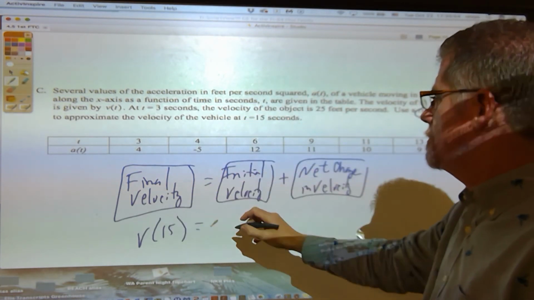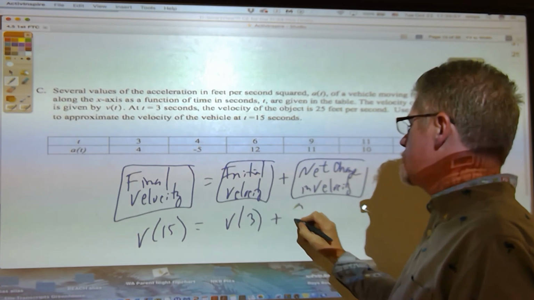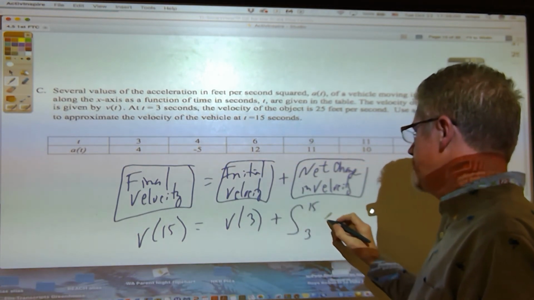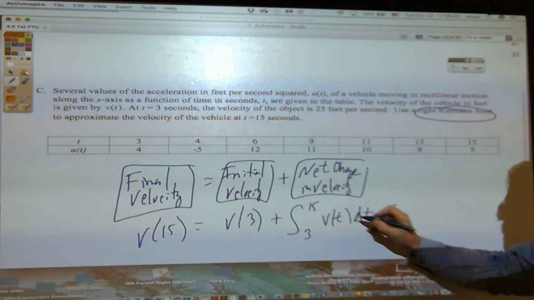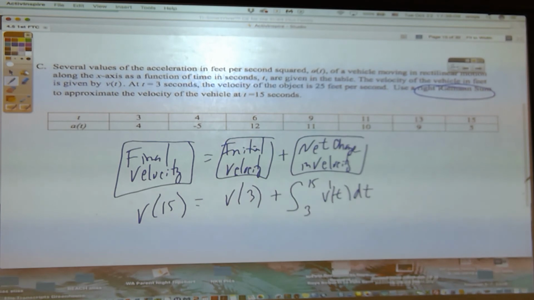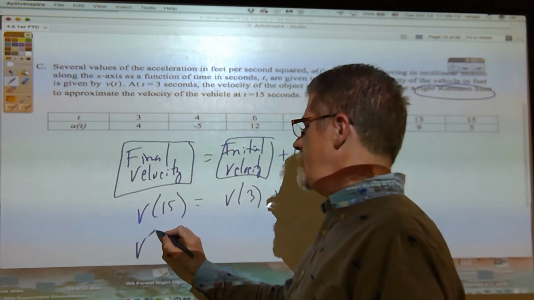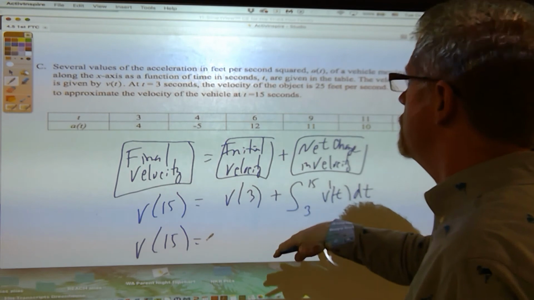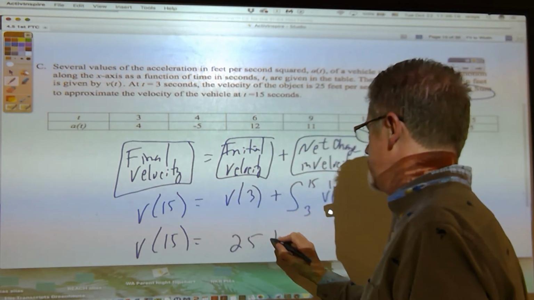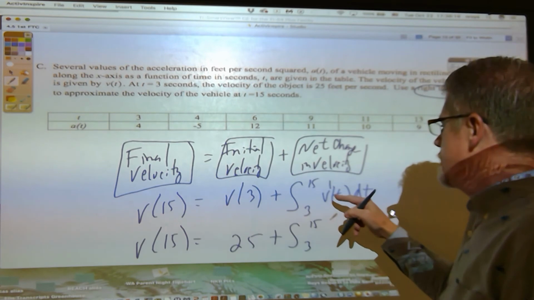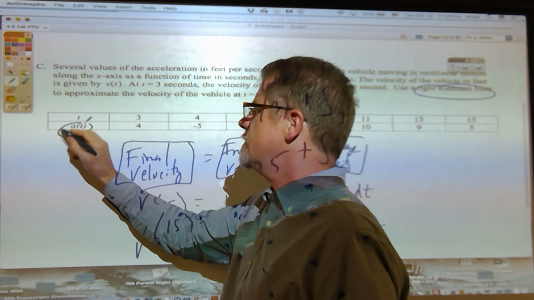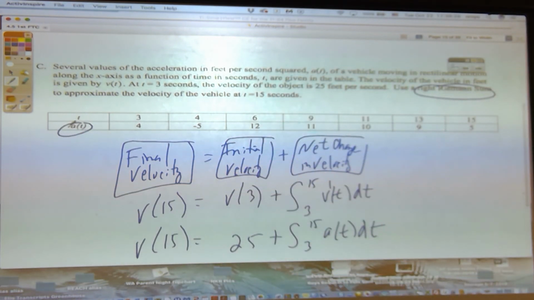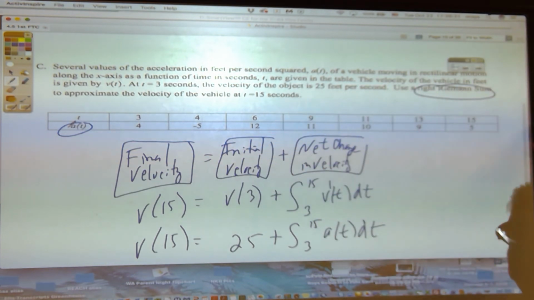The initial velocity will be the velocity at time 3, so the change would be the definite integral from 3 to 15 of v prime of t dt. Happily, v of 3 is given as 25. The derivative of velocity is acceleration, so oh happy day, we have acceleration information, but we're going from 3 to 15. Whoa, our table goes from 3 to 15.